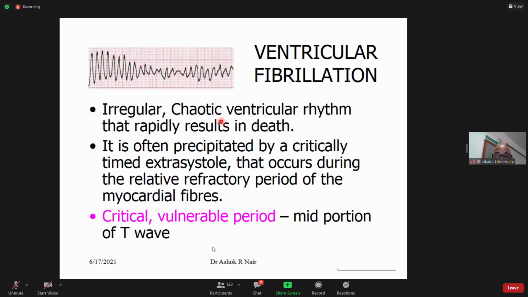Sometimes there might be an increase in heart rate. One of the main reasons, I think, is the re-entry phenomenon occurring. There will be uncoordinated contraction. There will be a kind of increase in heart rate. There can be similar conditions.